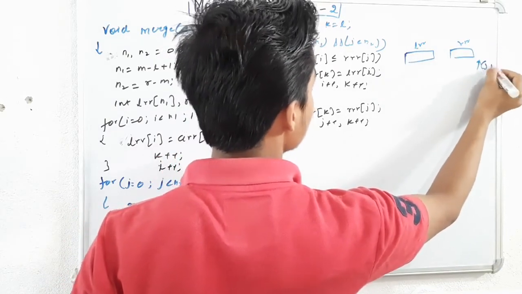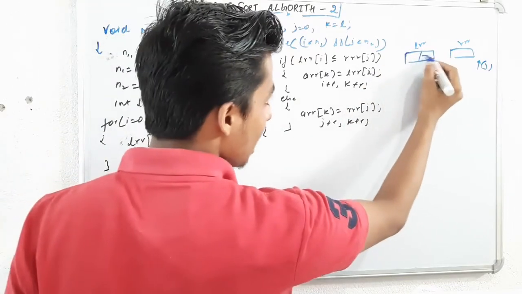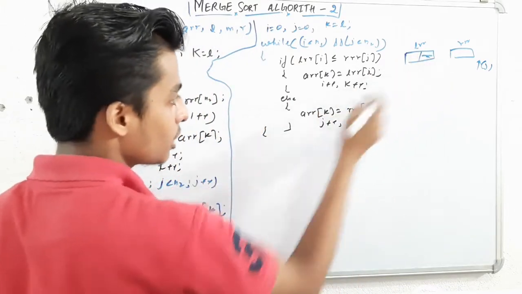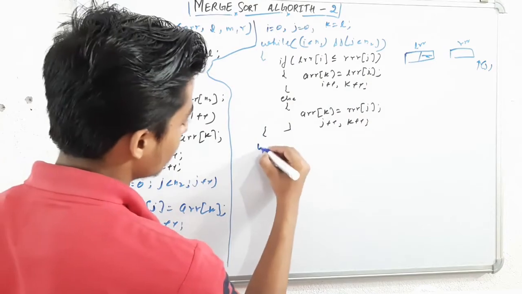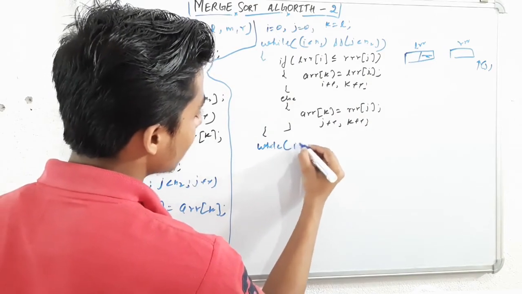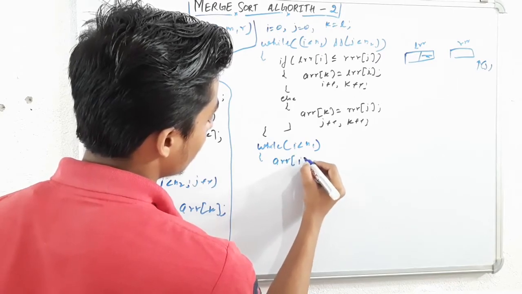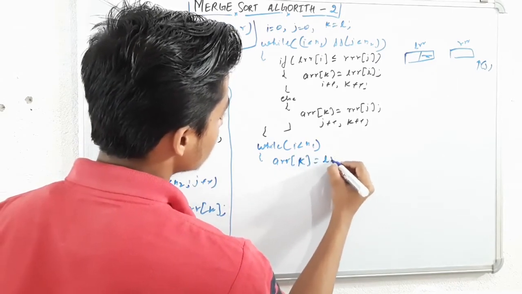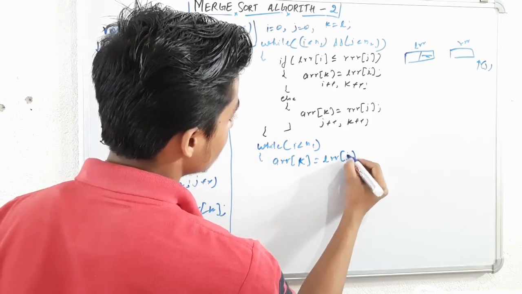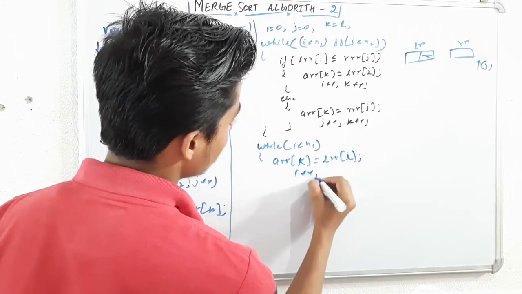If the j value has become equal to n2, then whatever elements are remaining here, you just put them as they are. For that I am going to use a while loop and the condition will be the same again, and you do ARR of k equals LRR of i, and you increment both the values.